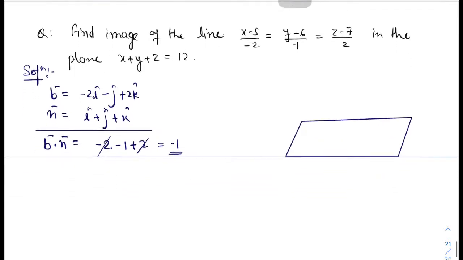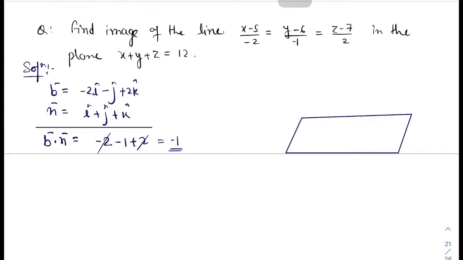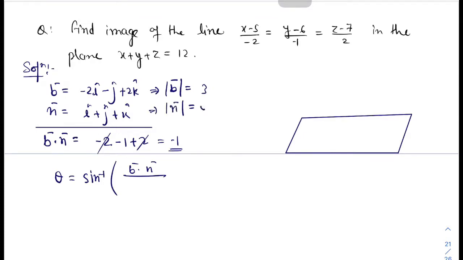So what is the angle? This angle is sine inverse of (b dot n) divided by the modulus of b times the modulus of n. Modulus of b is 3, and the magnitude of the normal vector n is root 3.